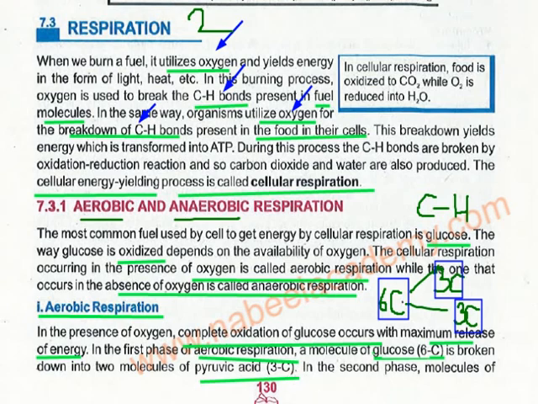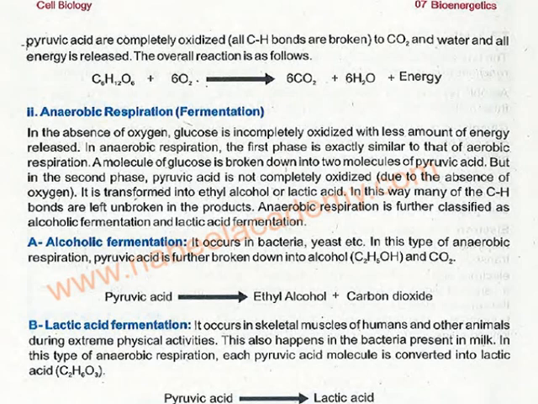What happens in the second phase is that the pyruvic acid gets completely oxidized. But what did we say? We said that we had two molecules of 3 carbon. This one was one pyruvic acid, and we also had a second pyruvic acid.